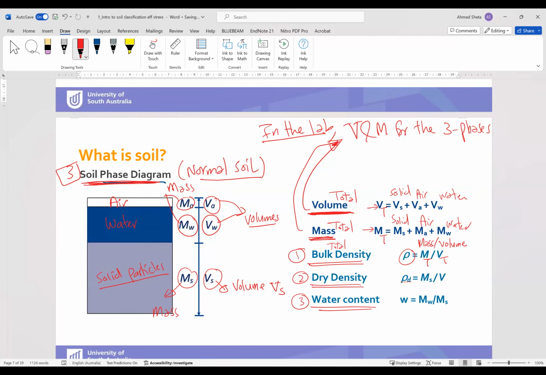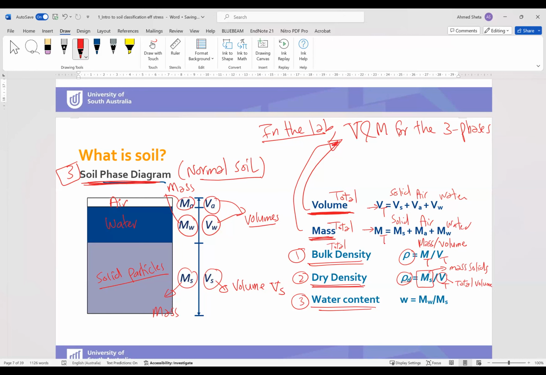So to find the dry density, rho d, it will be only the mass of solids divided by the total volume, V total. So if we want to find the dry density, you need to exclude the mass of air and mass of water and only use the mass of the solids.